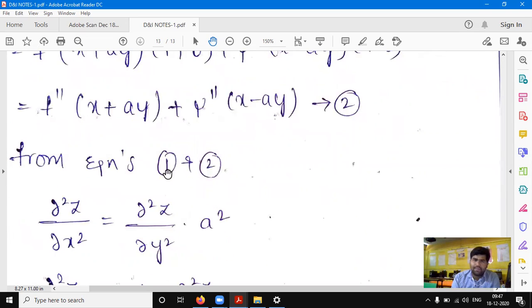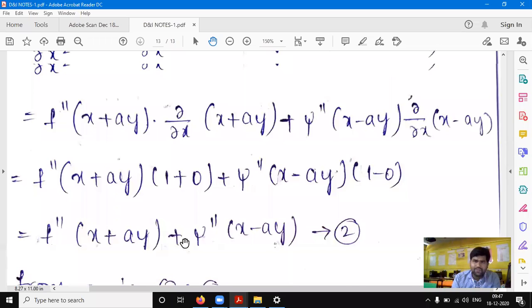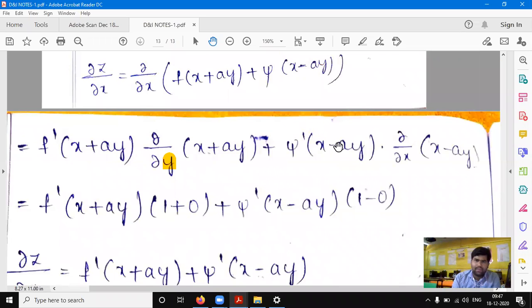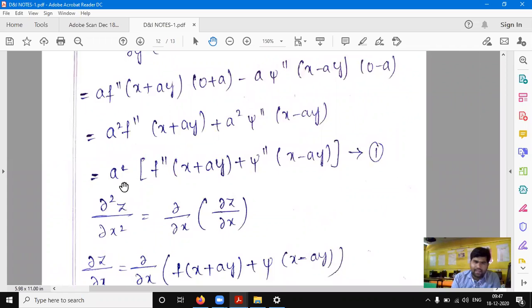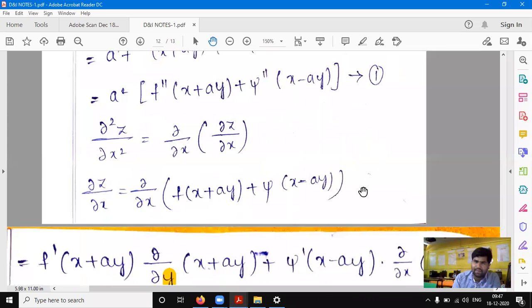From equation number 1 and 2: ∂²z/∂y² is a² into [f''(x + ay) + ψ''(x − ay)]. This is equation number 1.